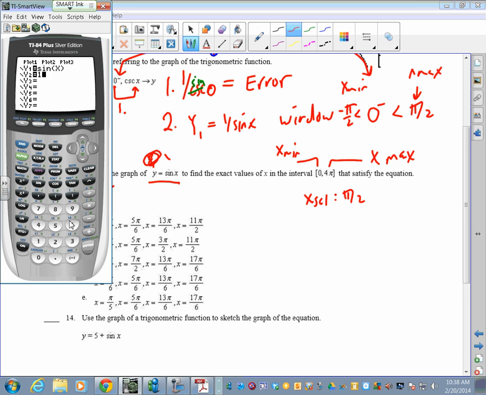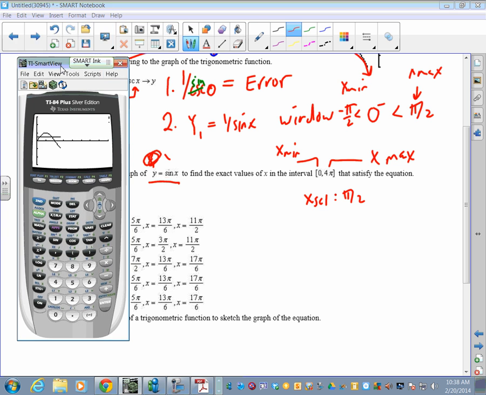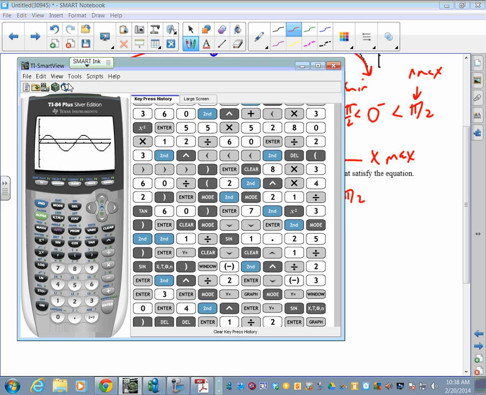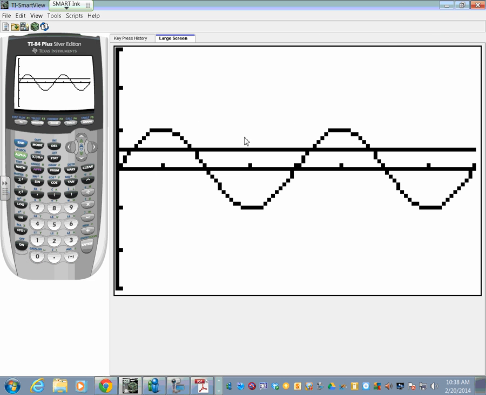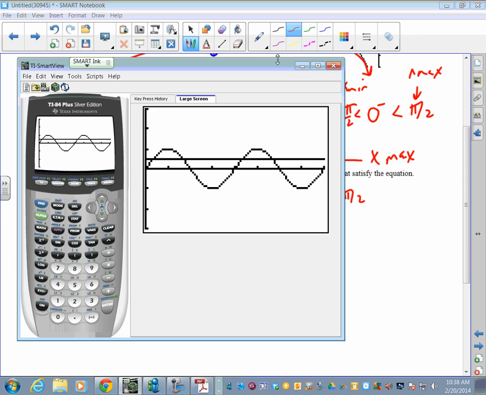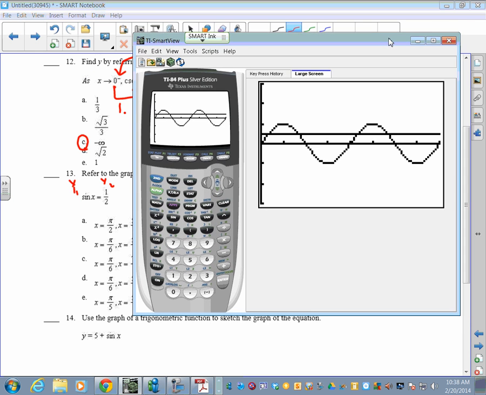Y2 is 1/2. Okay. Graph it out. All right, so one of my choices for this was pi over 2.